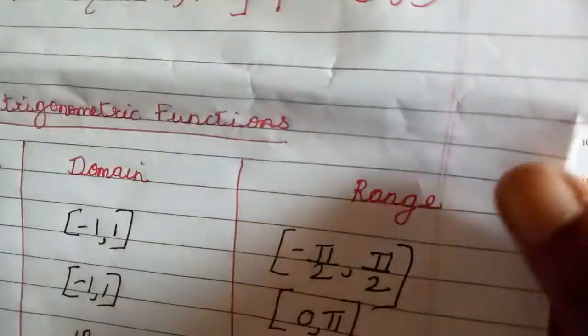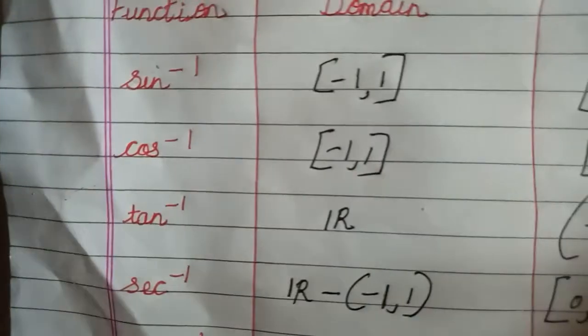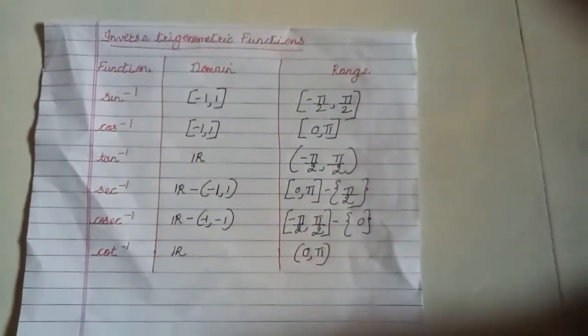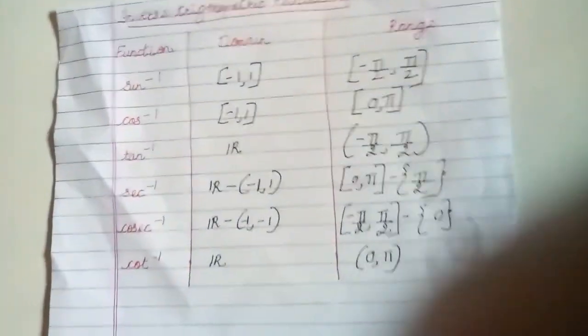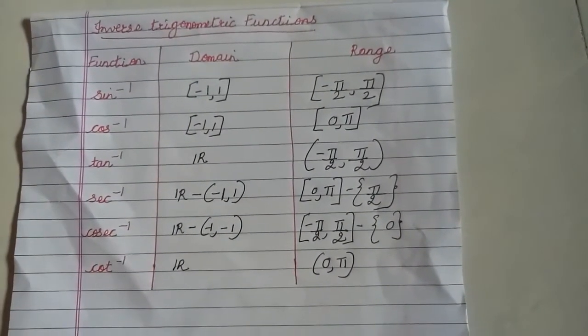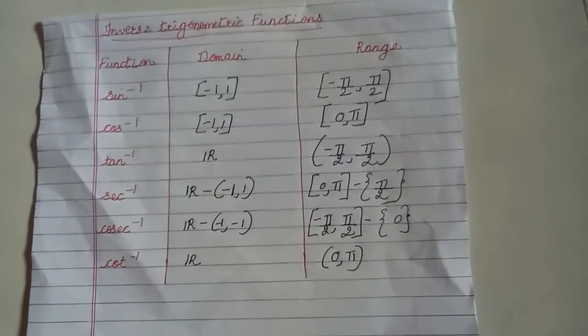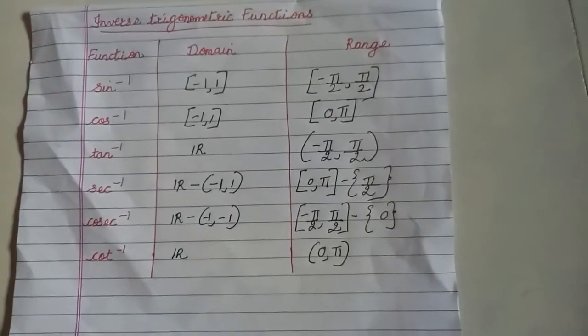Now what I suggest to you, children, I hope you have understood this, is that you prepare a table for inverse trigonometric functions like the one I have prepared. No need for trigonometric functions. You just make a table like this so that when you solve problems, not at the time of exam, but when you solve problems for the first time, you can take the help of it, unless these things are fixed in your brains.